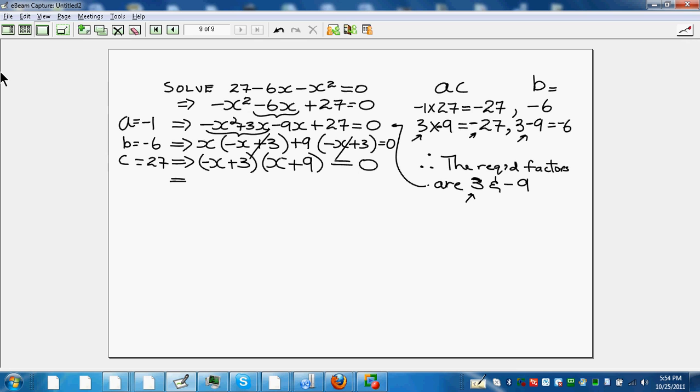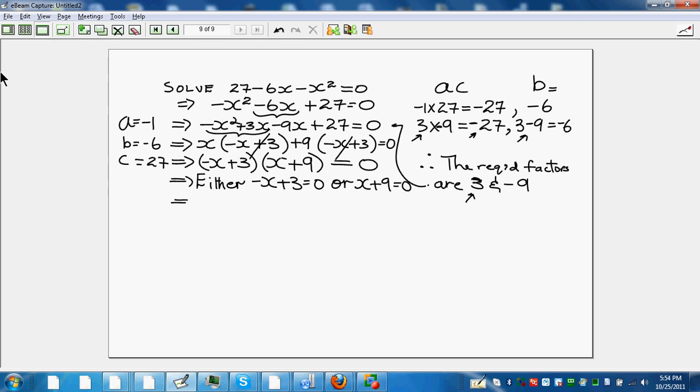So then this would imply that either minus x plus 3 is equal to 0, or x plus 9 is equal to 0. Either or. Either this is 0 or that one is 0.